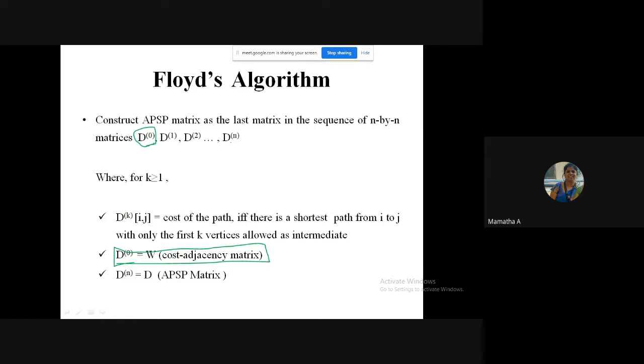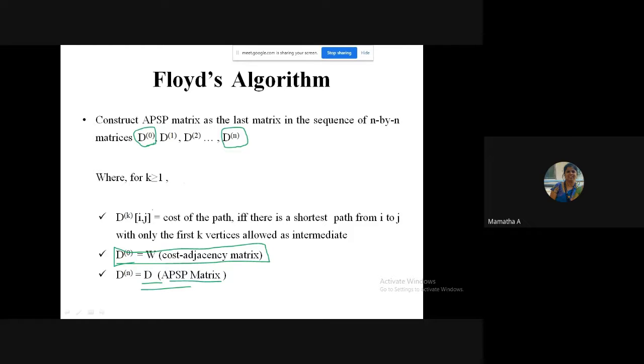And the last matrix, that is Dn, will be your all pair shortest path matrix. Are you understanding? And these intermediate matrices that you get, D1, D2, where k ranges from 1 to n.